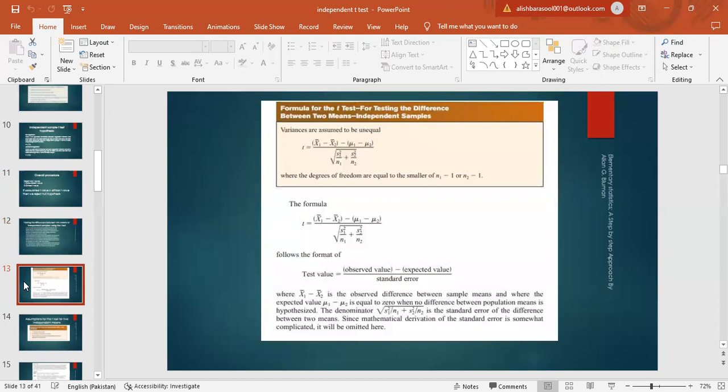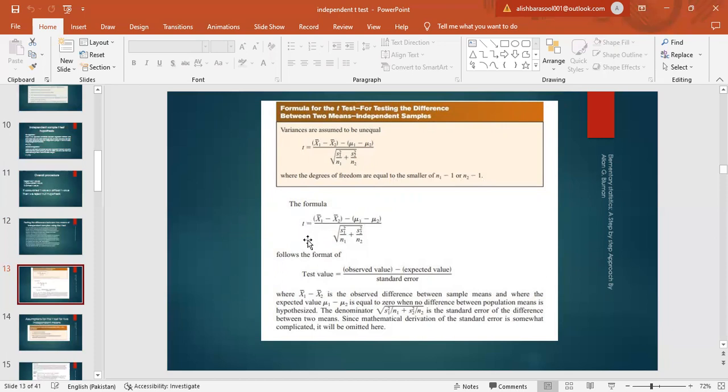Formula for the t-test for testing the difference between two means of independent samples. Variances are assumed to be unequal, and this is the formula where the degrees of freedom are equal to the smaller of n1 minus 1 and n2 minus 1.